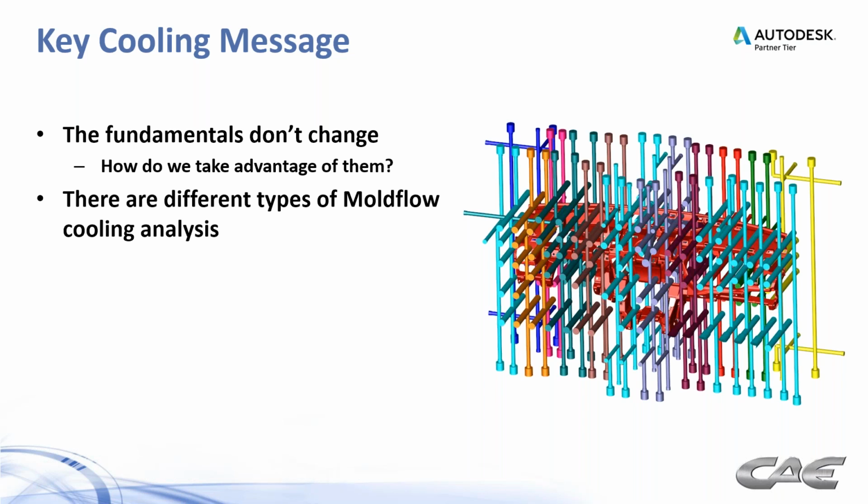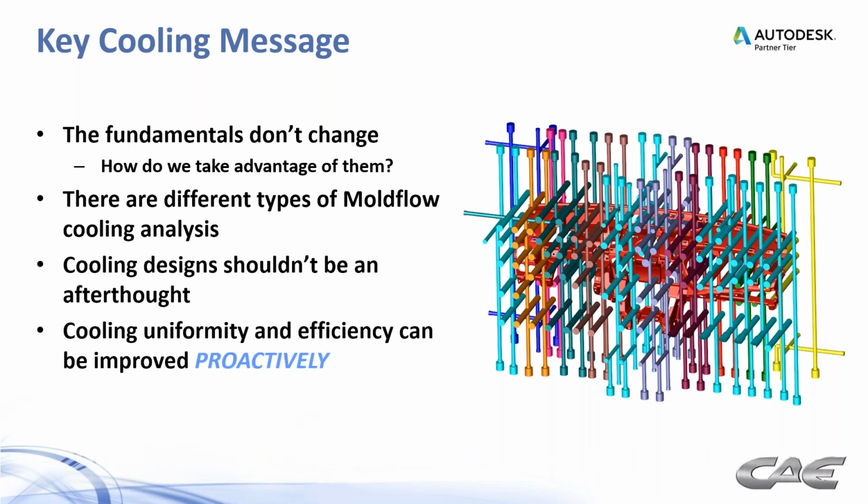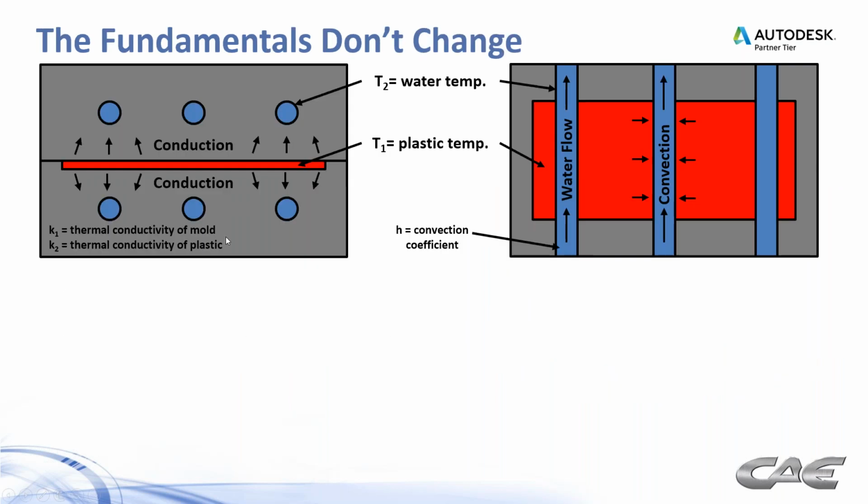As I mentioned, there are different types of Moldflow cooling analysis, and we'll get into those. But cooling design should not be an afterthought. Cooling uniformity and efficiency can be improved proactively, and we do that through simulation.